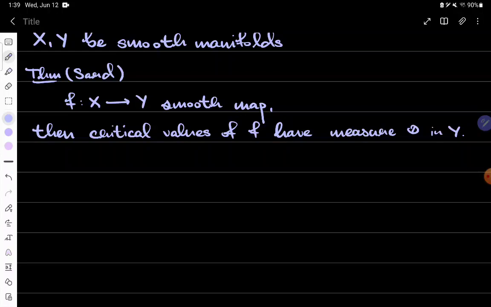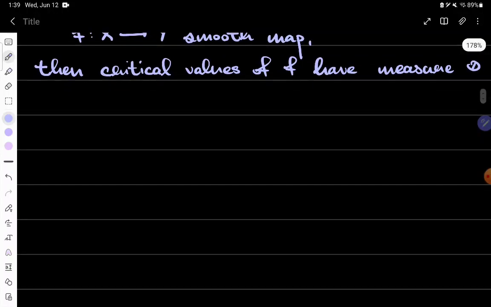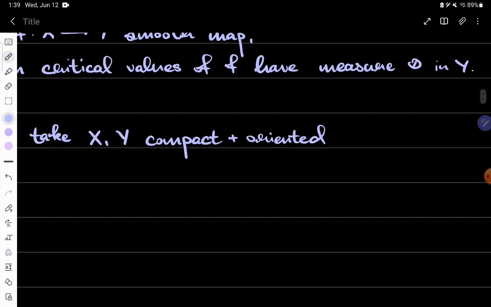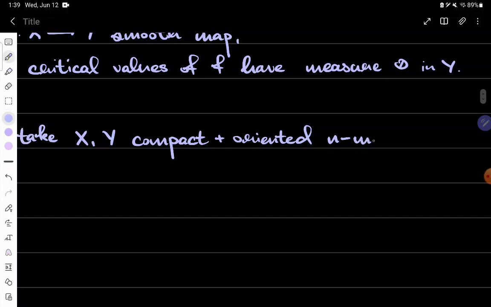Now I will reduce to the situation that we'd be interested in, which is that now take X and Y to be compact and oriented manifolds, of the same dimension.